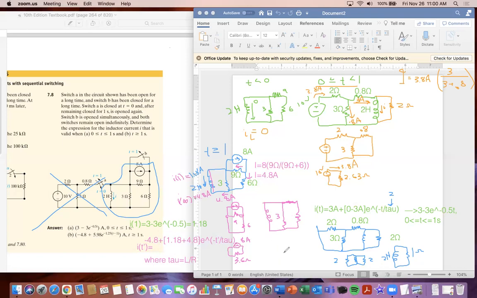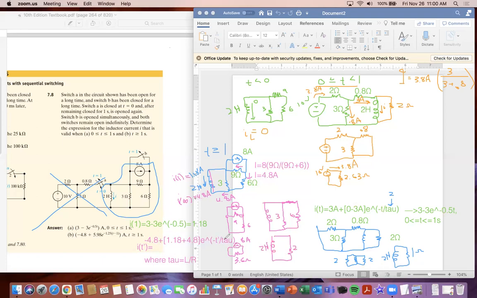Okay, so I've got my inductor, and then I have 2 ohms here. And so with 2 ohms, the inductance is 2 henries. So 2 henries divided by 2 ohms, that's 1. So 1 for our tau.